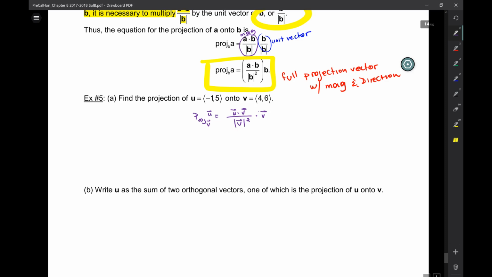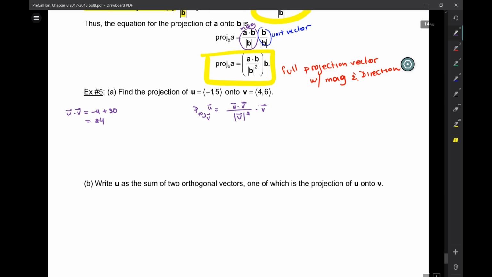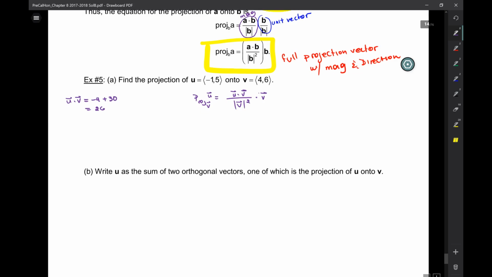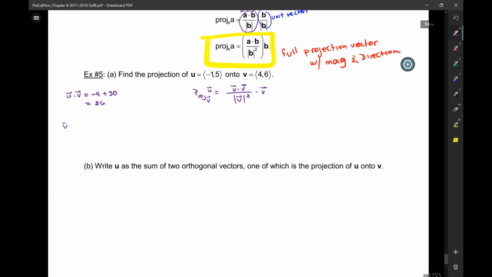Yeah, I'm going to show you now. So first let's do U dot V. It's going to be negative 4 plus 30, 26, right? And then we're going to do magnitude of V. It's the square root of 16 plus 36, 52. And just leave it that way because we're going to square it, right?